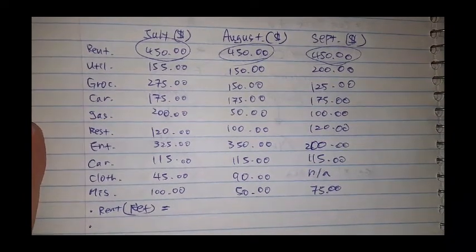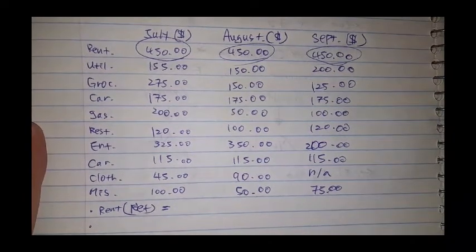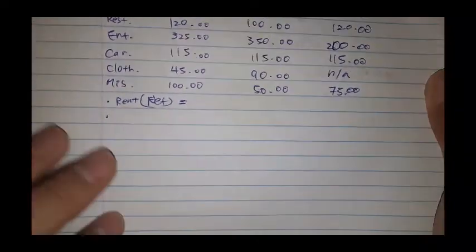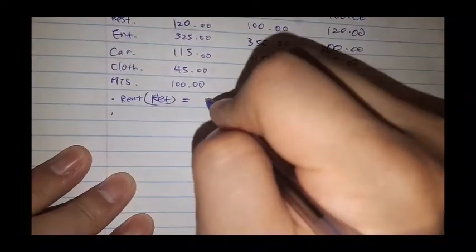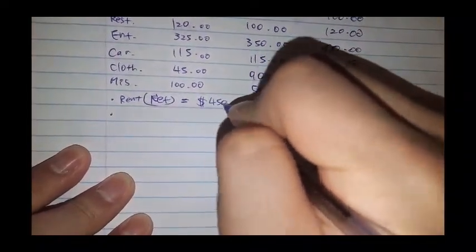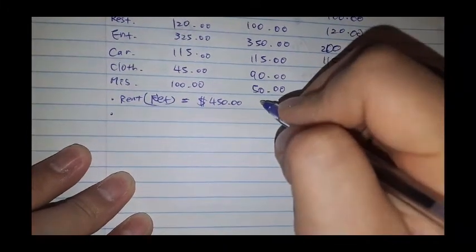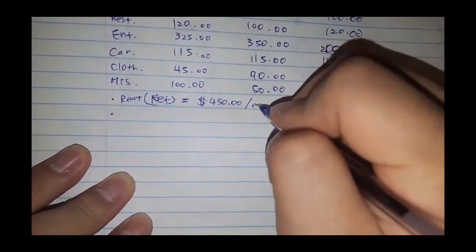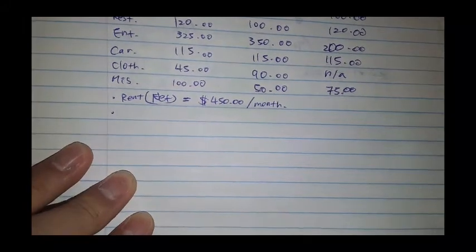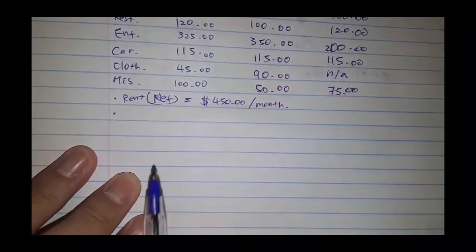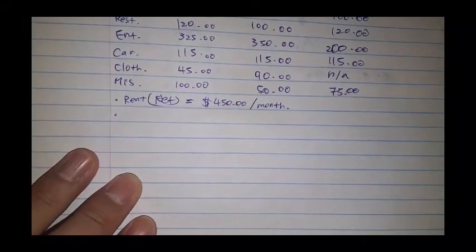So when it comes to this category's average, you don't need to do an average calculation. It's a regular payment of 450 per month. If you want to do the average, add everything and divide it by 6, but you may know it's going to be the same.